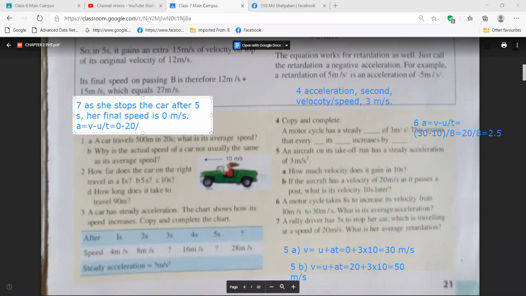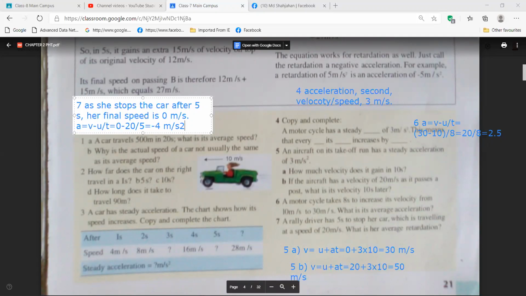Time taken, 5 seconds. Then what is the answer? Minus 4 meter per second square. So as it is retardation, our answer is coming in minus. Is it clear?